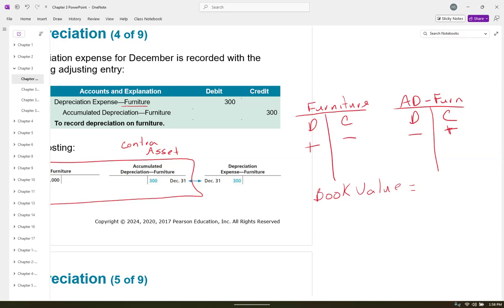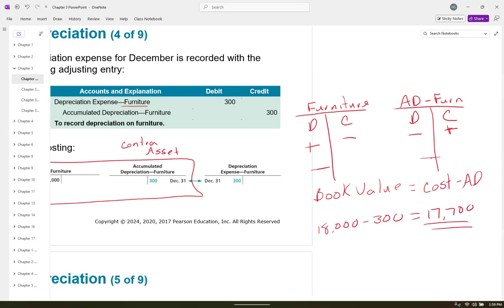Book value in the accounting classroom just means cost minus accumulated depreciation. So this account minus that account. Our cost was 18,000 and then we depreciated $300. So that leaves us with 17,700. That's my book value. A lot of students want to say, oh, that's what it's worth.